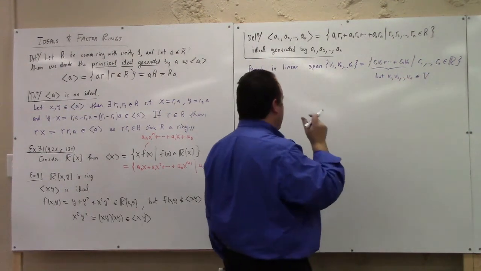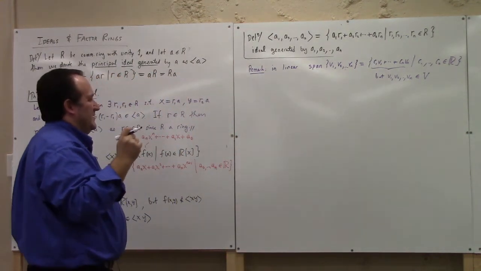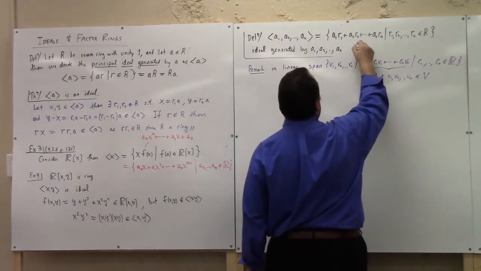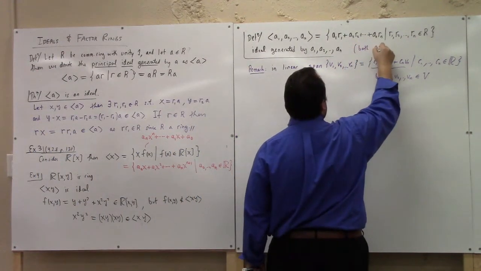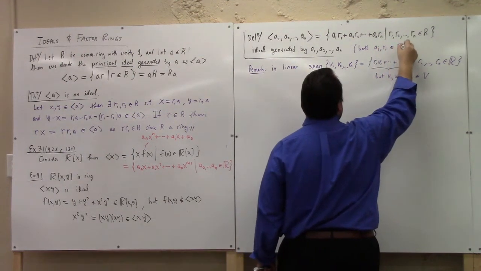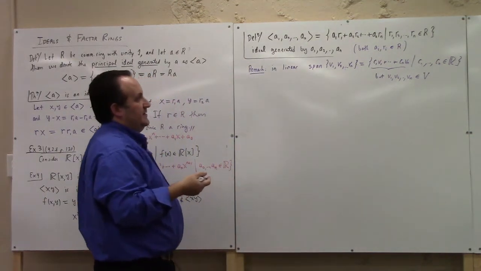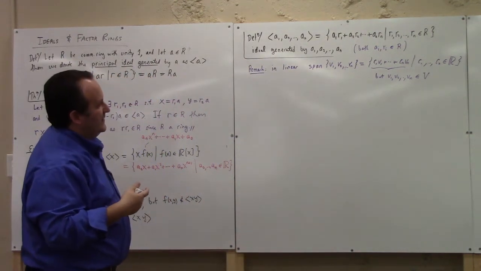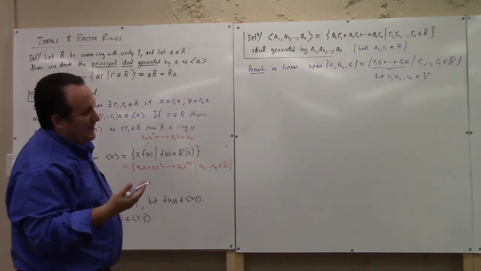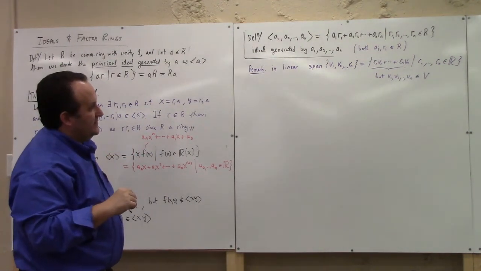Notice that in the ideal, both the a_i and the r_i are all elements of the ring R. See the difference? In the ideal generated by a1 through an, the things we're multiplying are on the same structure level, if you will.